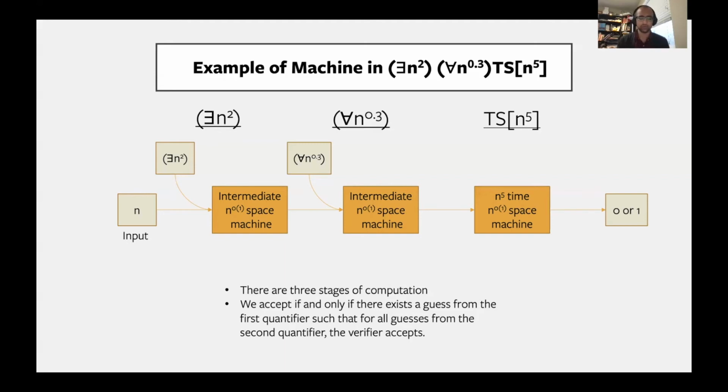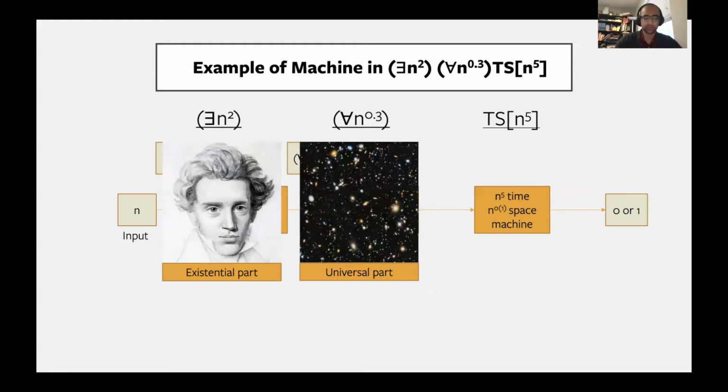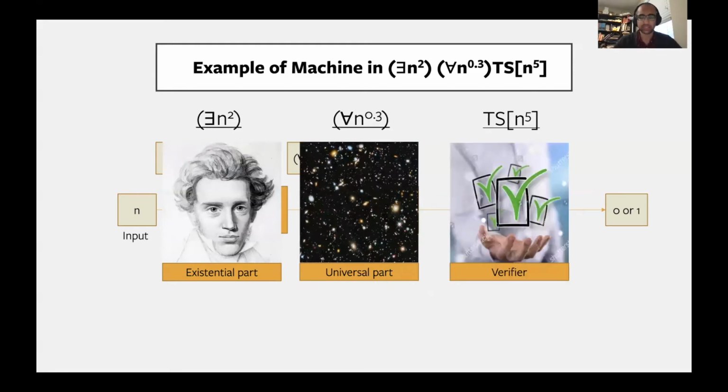This shouldn't be important to follow the basic logic. Just to keep our wording clear, I'm going to call the existential quantifier and the subsequent intermediate machine the existential part, the universal quantifier and the subsequent intermediate machine the universal part, and the last machine the verifier. Oh, and in case you're curious, this photo is of Soren Kierkegaard, a famous existentialist philosopher.